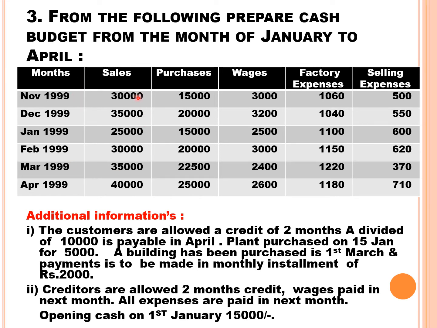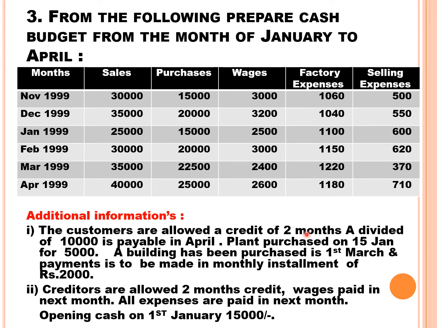Then sales is a receipt, purchase payment, wages payment, factory expenses payment, selling expenses payment. So we have additional information. The customers are allowed a credit of 2 months. It indicates that the entire sales is credit sales. There is no question of cash sales and credit sales.